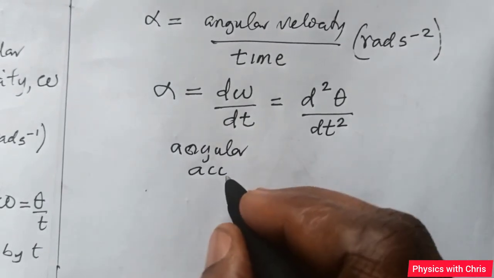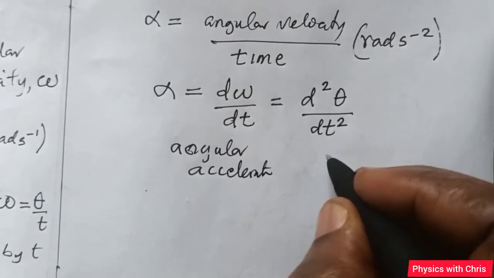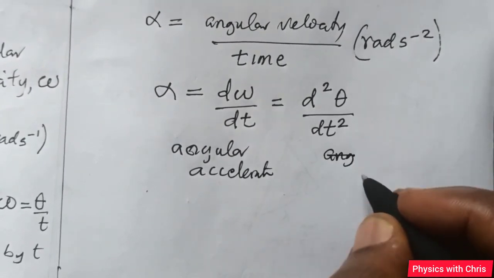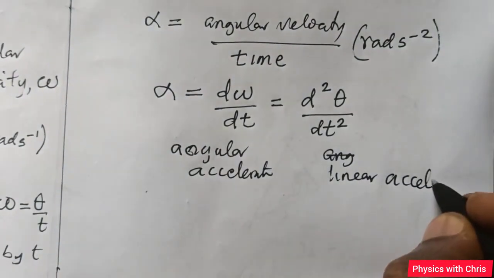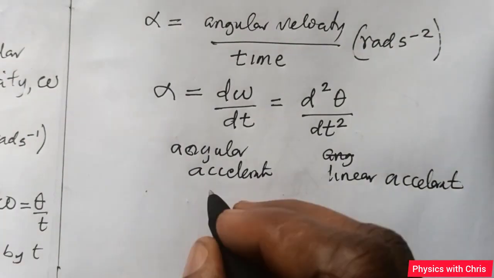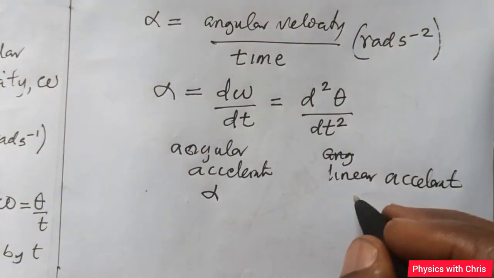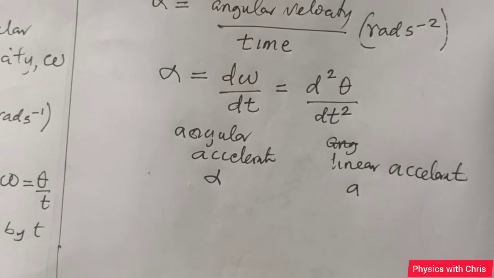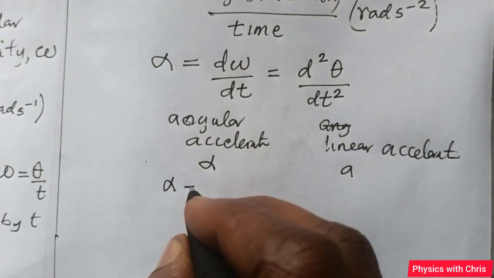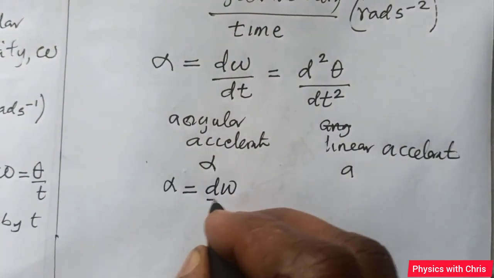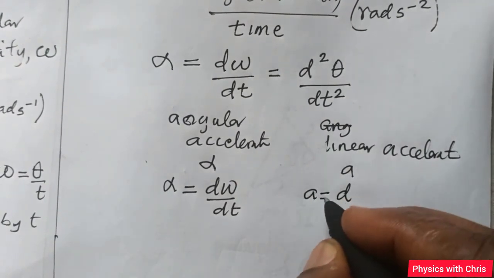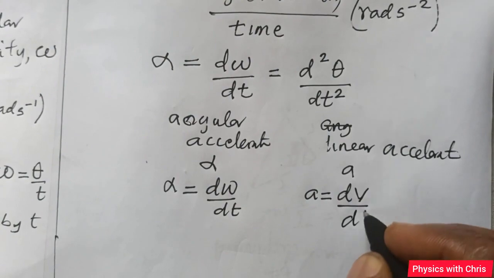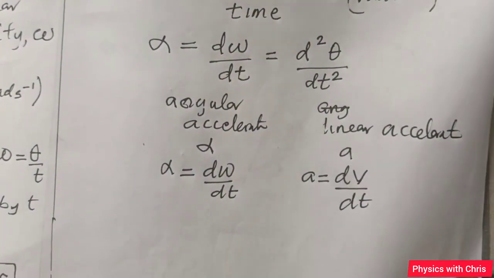Let's do some comparison. Angular acceleration, can we compare that to linear acceleration? Linear acceleration. Okay, so the symbol of this is alpha, this is just a. Now we know that this one is defined as change in angular velocity over change in time, while this is given as change in linear velocity over change in time, that is linear acceleration.